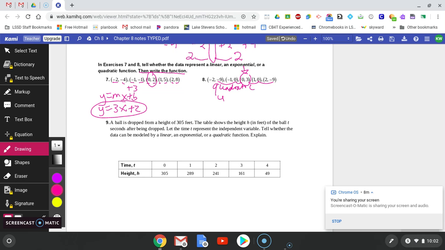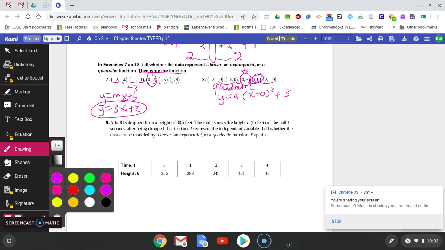So vertex form was y is equal to a, and in parentheses, x minus 0, which in this case I don't have to write, but I can, squared, and then plus my k, which was my y-intercept. Okay? The only thing I still need is a. To be able to find a, all I need to do is plug in a point. So any point besides my vertex, so I'll just choose this point here for my x and my y.